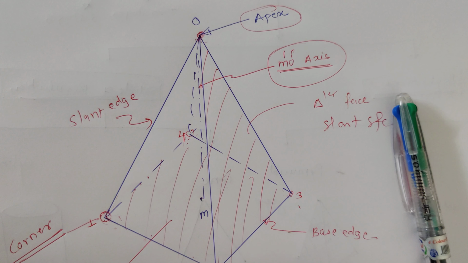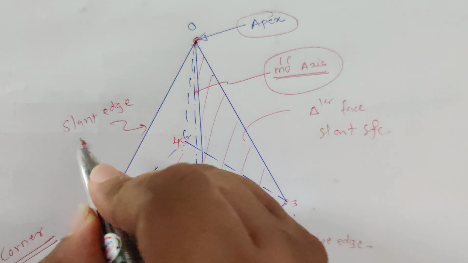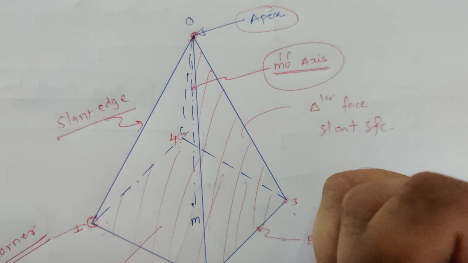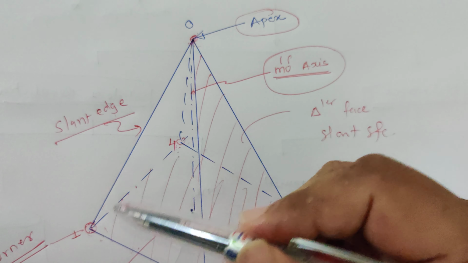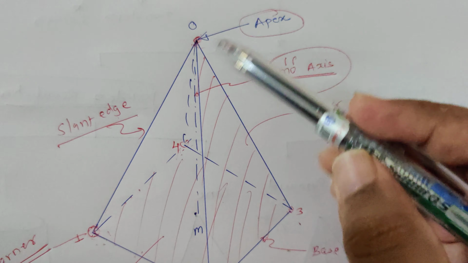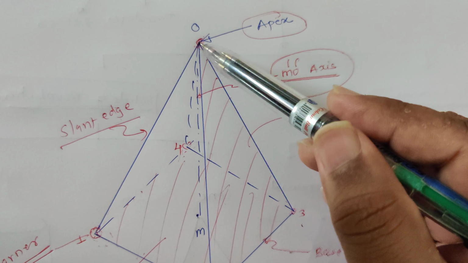Okay, now we have to define a slant edge. Slant edge is a line. You can check these slant edges O1, O2, O3 and O4, all are lines.